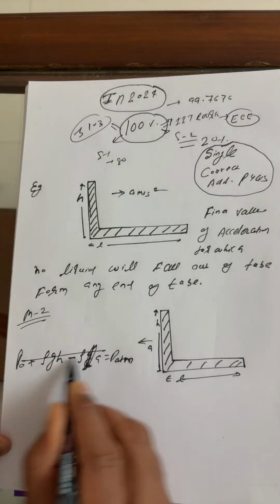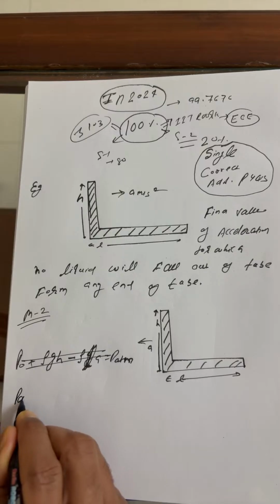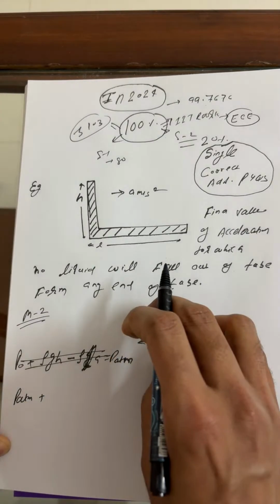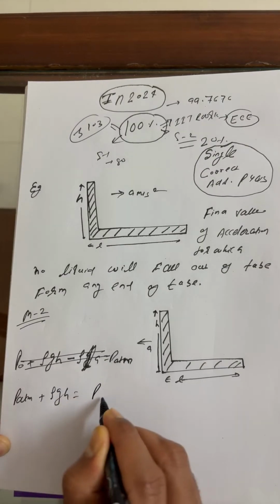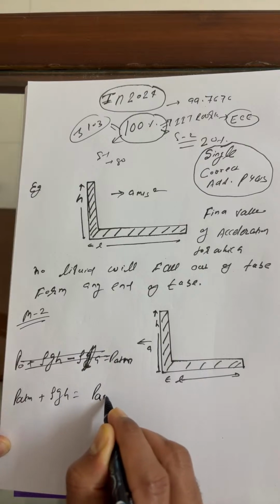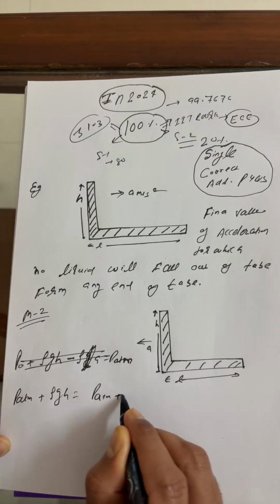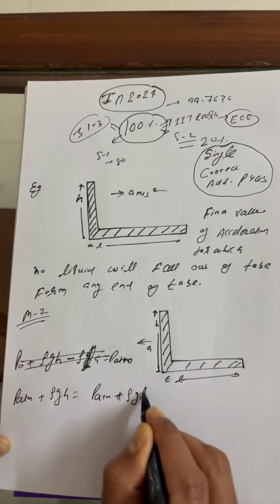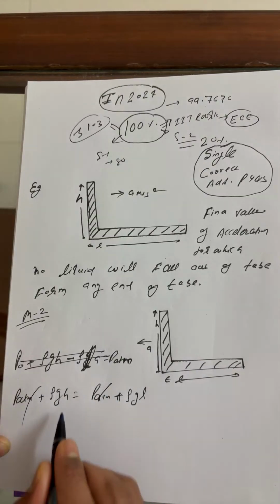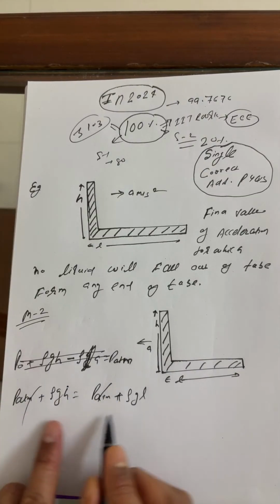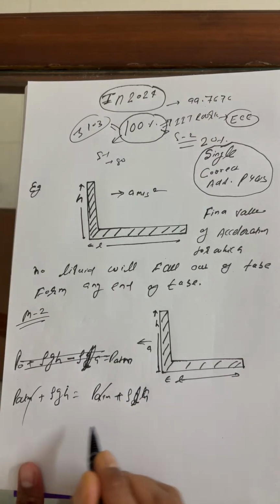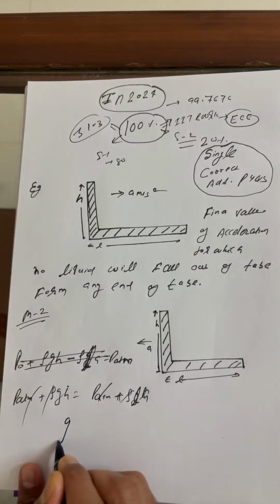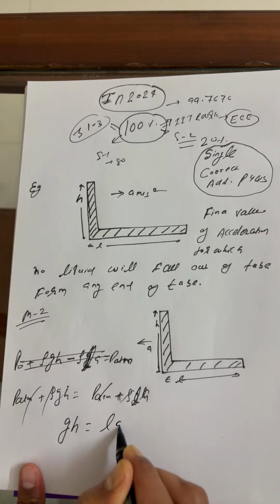So you can write like this: atmospheric pressure plus rho gh is equal to pressure ATM plus rho L A. We wish to find the acceleration here. So this is rho L into A. The rho cancels, so you can say gH is equal to LA.